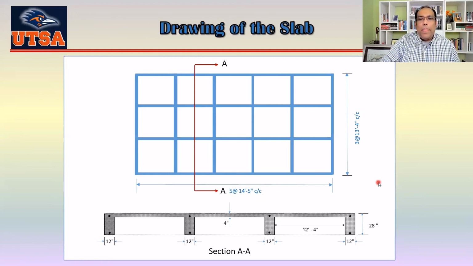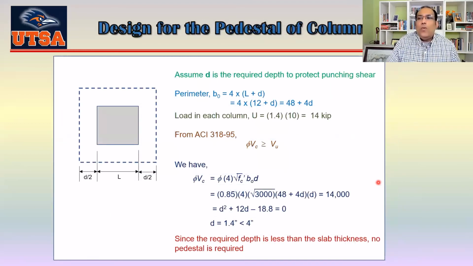Okay. Now one more thing you have to do here, they didn't show that one in the manual, but I see that many times for your senior design project, you have columns, okay? And these columns are resting on the slab, okay?